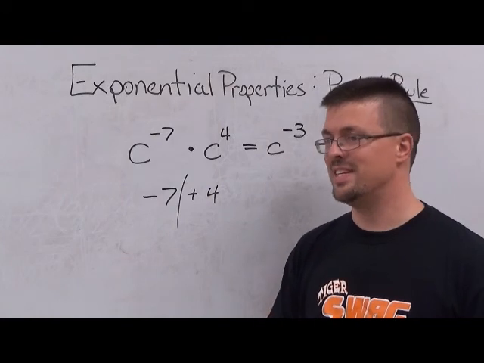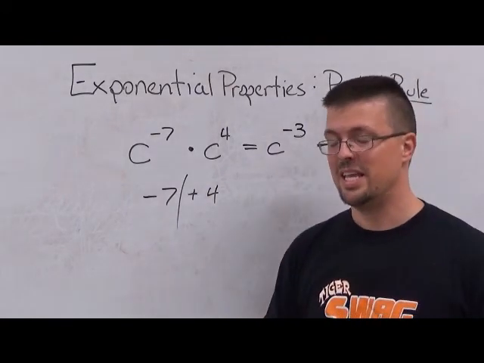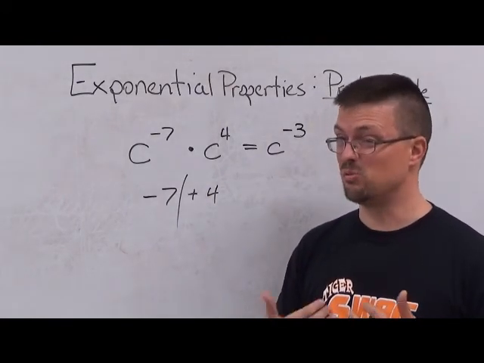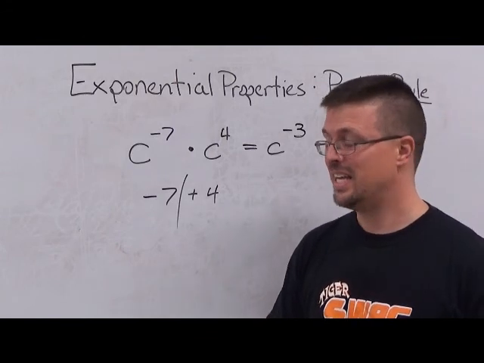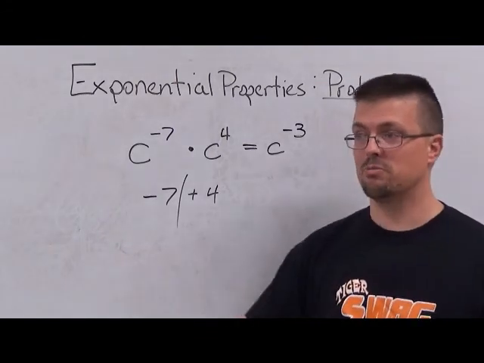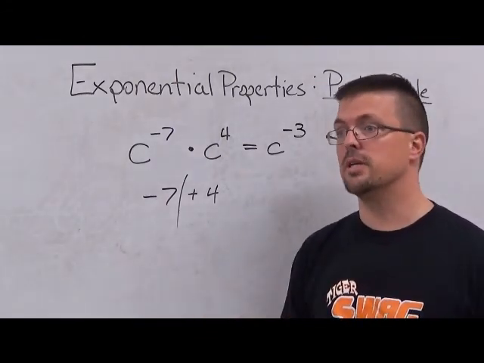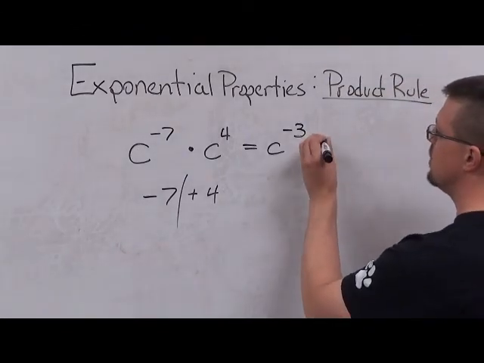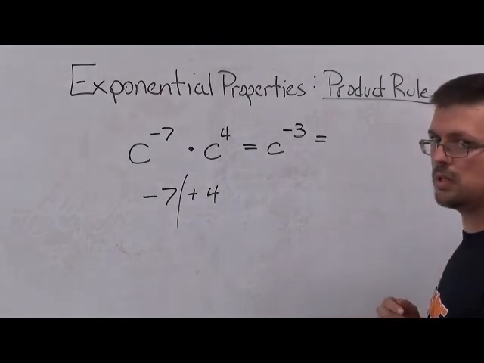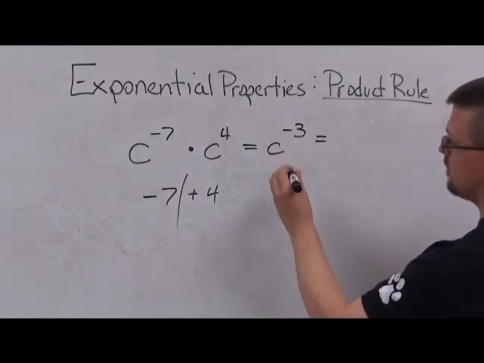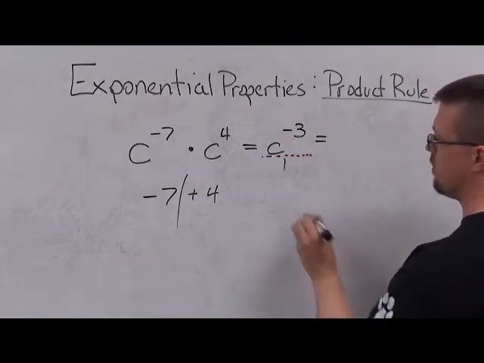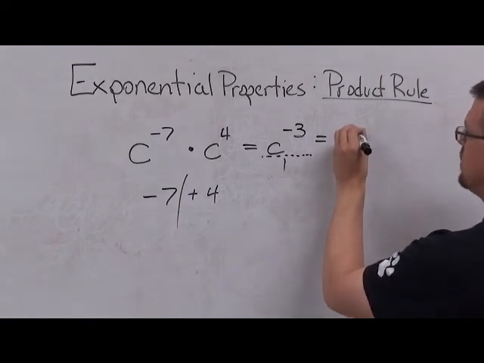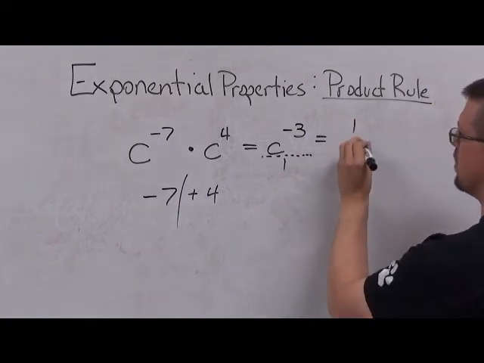So these become c to the -3 power, but there's a slight catch when you have a negative exponent at the end. The catch is when you simplify, you really can't leave that as a negative exponent. So we have to bring back our negative exponent rule from yesterday. If you remember from yesterday, whenever you have a negative exponent, you're going to essentially flip it, because right now it's really over 1.